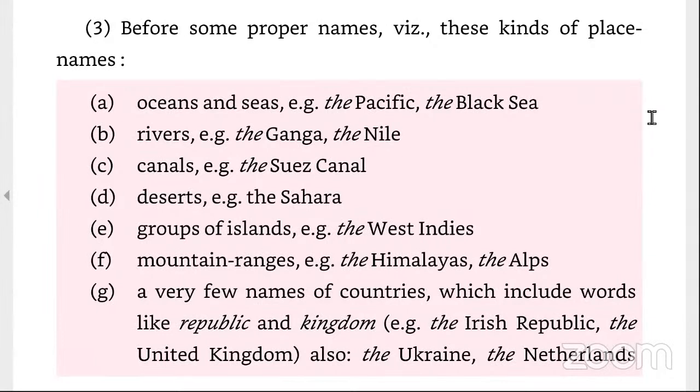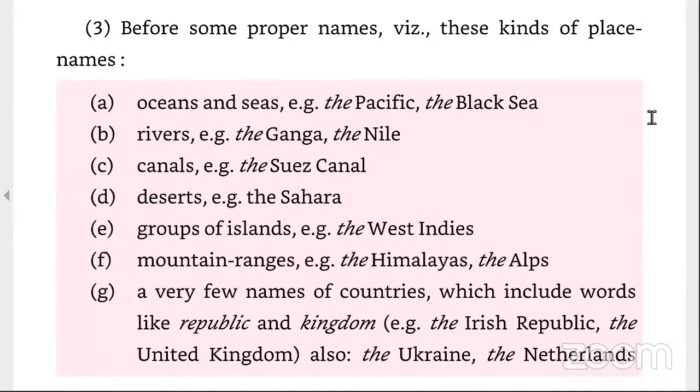Before deserts: the Sahara. Before a group of islands, like the West Indies. Before mountain ranges: the Himalaya, the Alps. Before the names of some countries which are compounded, meaning they are together: the United States of America, the United Kingdom, the Punjab.